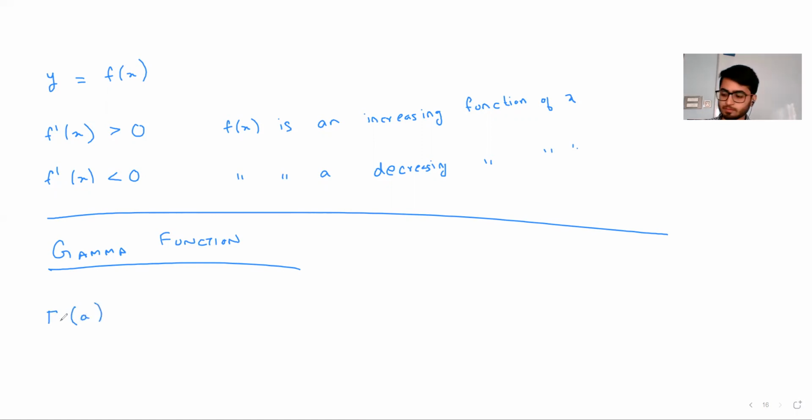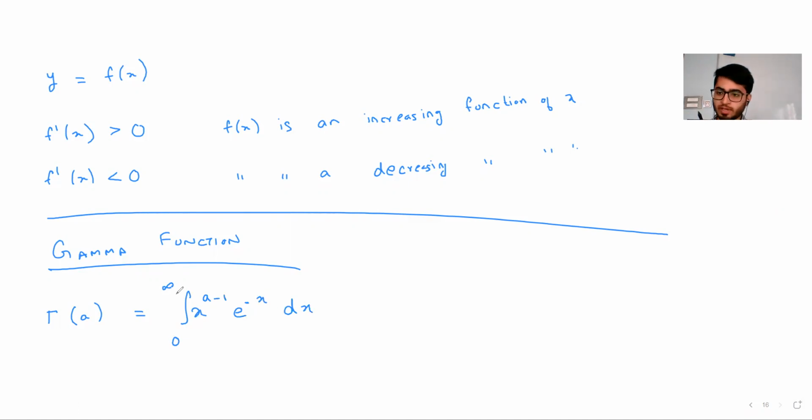Gamma a is nothing but the result of this integral: x to the power a minus 1, e to the power minus x, dx, from 0 to infinity. So the gamma function is nothing but the value of the integral of x to the power a minus 1 e to the power minus x dx from 0 to infinity.